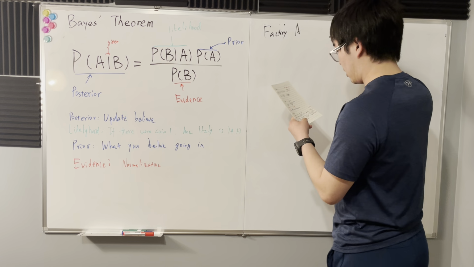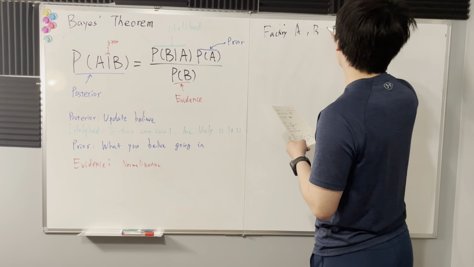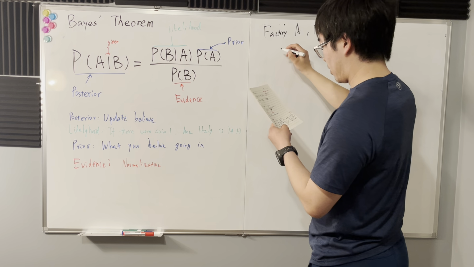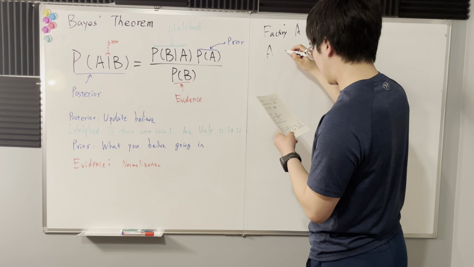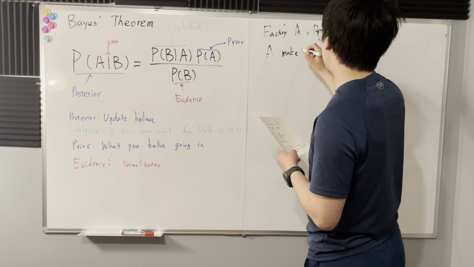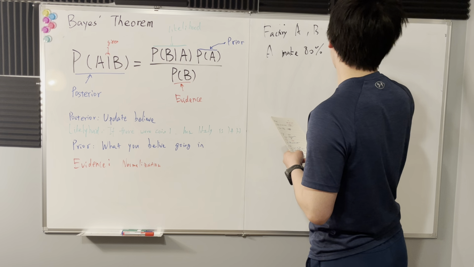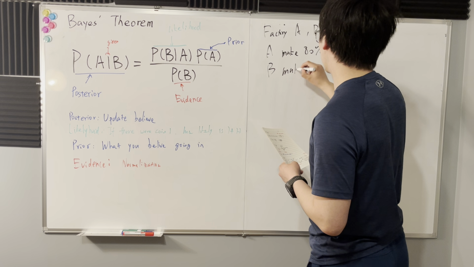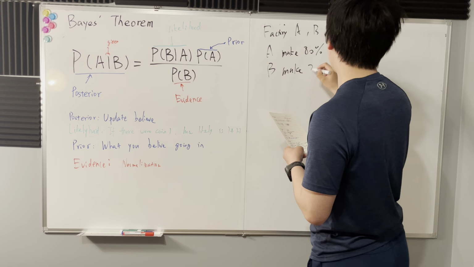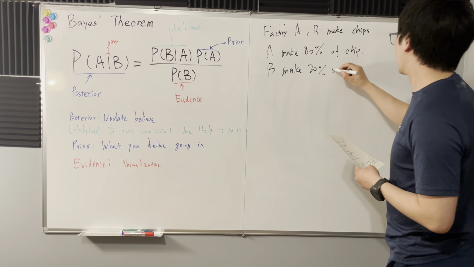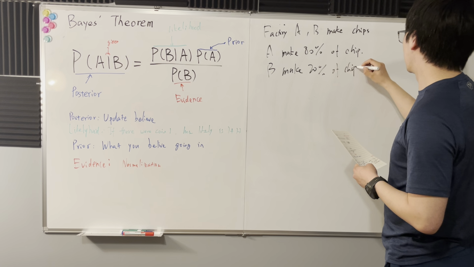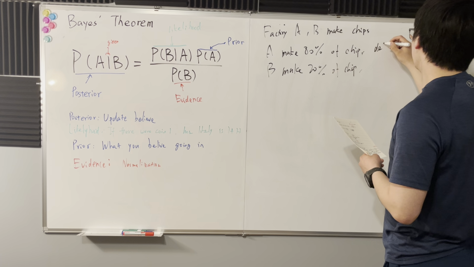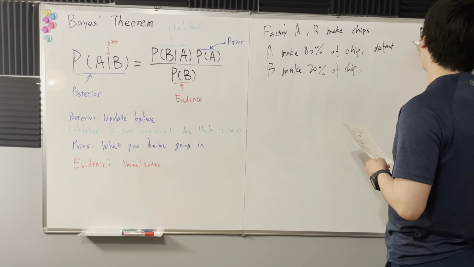A and B make chips. A makes 80% of the total chips. B makes 20% of chips. A has a 1% chance of defect.